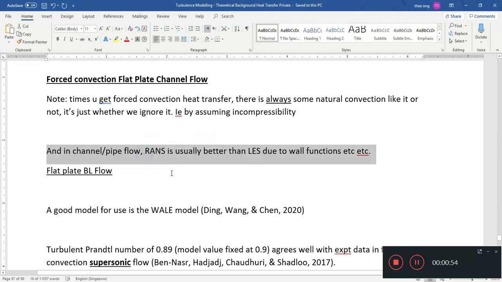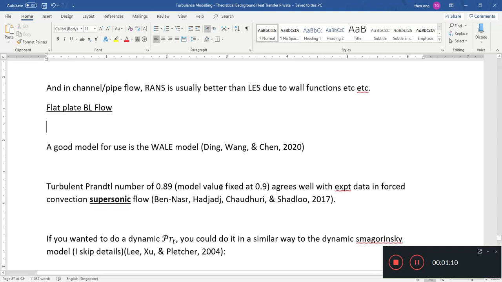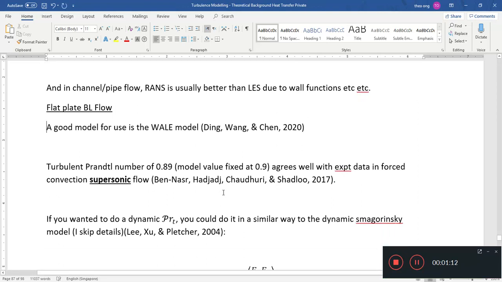But the literature does not have a lot of LES flows for this kind of setup, because Reynolds-averaged Navier-Stokes usually does a lot better. Whatever I found, I'll just present. So for flat plate boundary layer flow, one good model to use is the WALE model, the wall-adapting local eddy viscosity model.